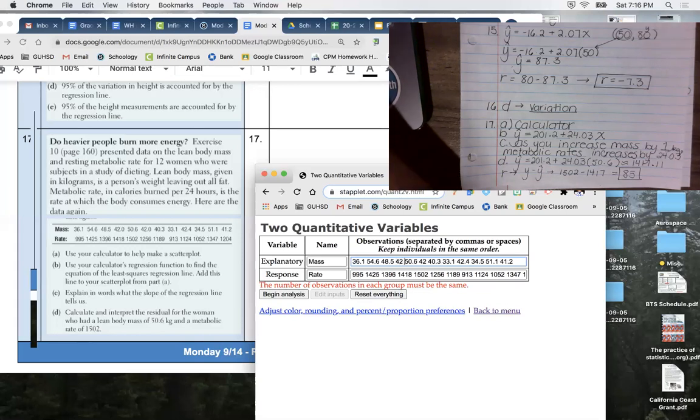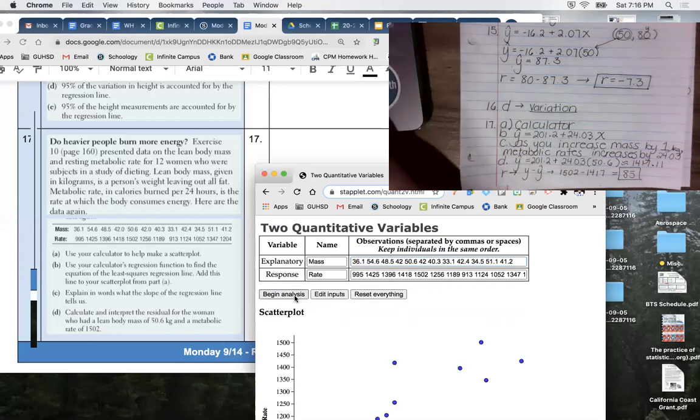Then I had 42, then the 50.6, then 42, then 40.3, then 33.1, then 42.4, 35. Okay, that should be right now. So I'm going to hit begin analysis. I had forgotten one of the points, and it's pretty easy to go back and figure out from your data which one was missing.